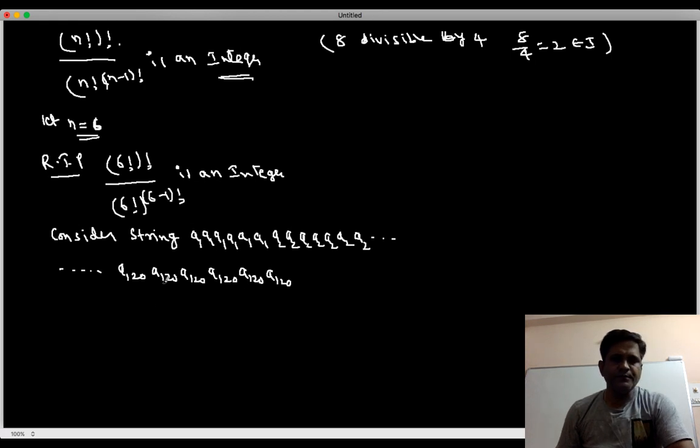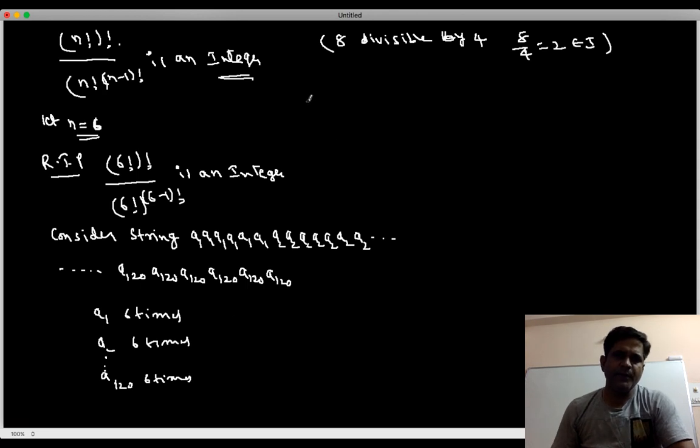So what is the length of the string? Here in the string, a1 6 times, a2 6 times, etc., a120 6 times.